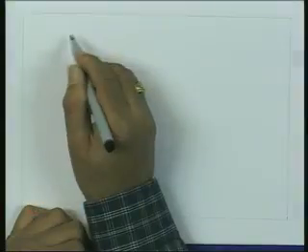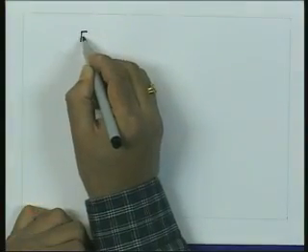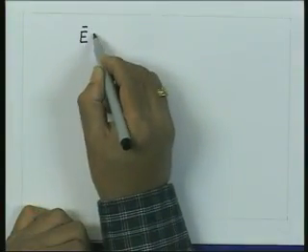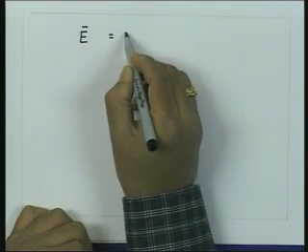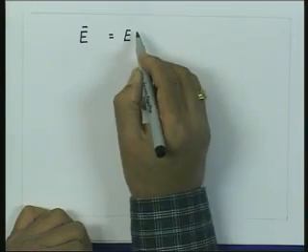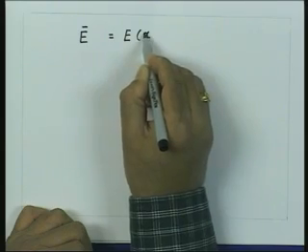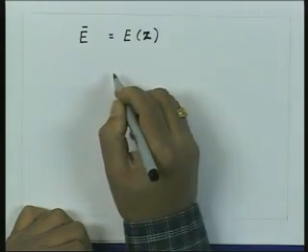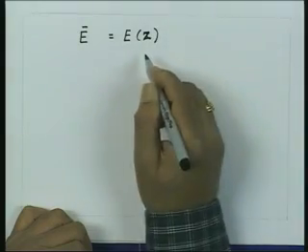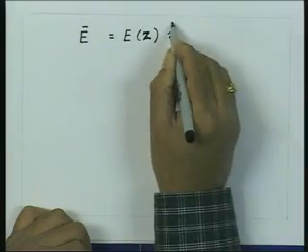So, let us say now the field which we are investigating, that is my electric field, is now equal to some function of z, e to the power j omega t is implicit, and this field is oriented in the x direction.